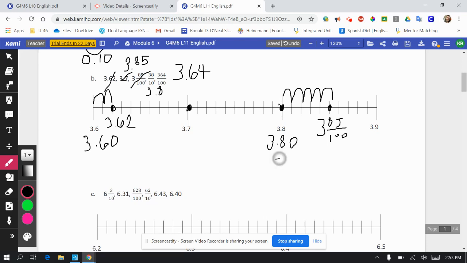So I'm going to write that 38 tenths. Cross it out. Last one, 3.64. So here I have 3.62, 3.63, 3.64, and that one is written as 364 over 100. Cross that on out.